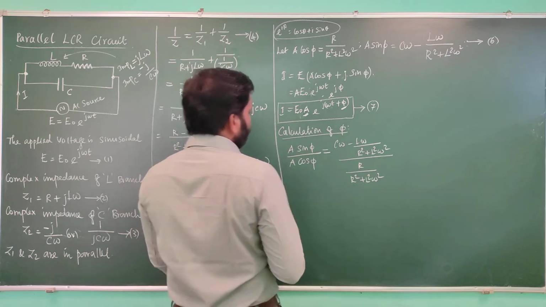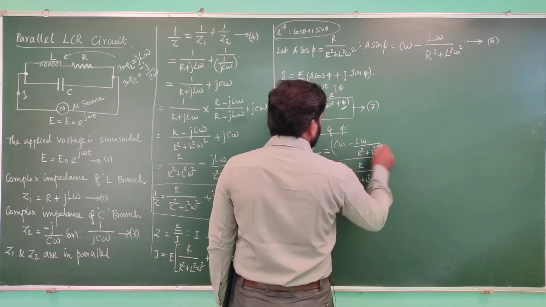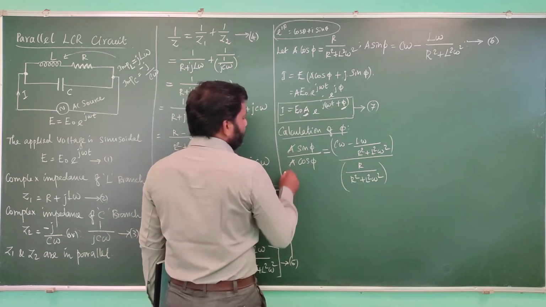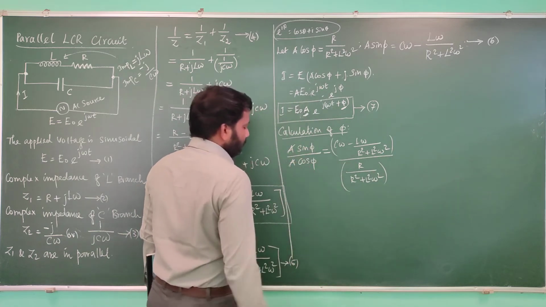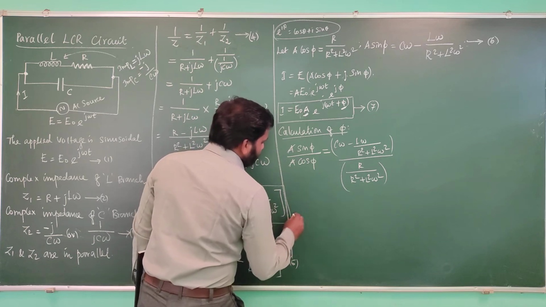Then A will cancel, the sin by cos term becomes tan phi.